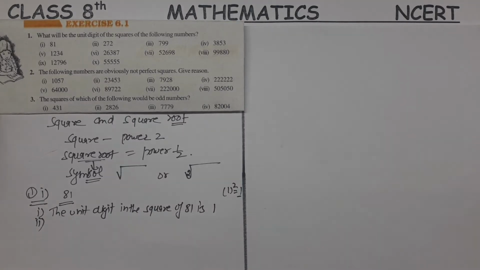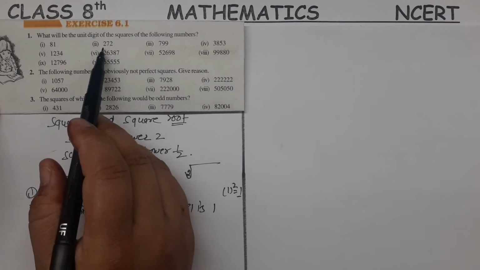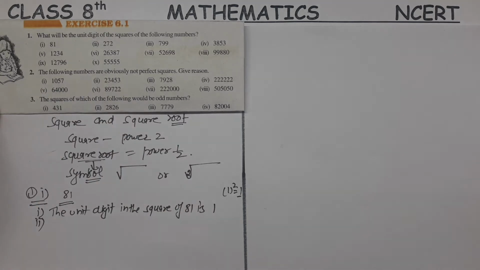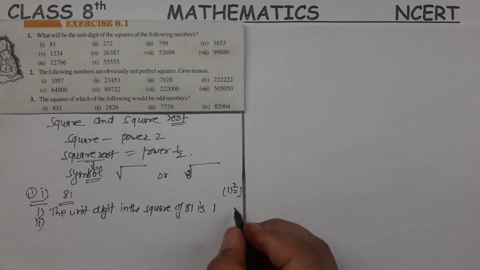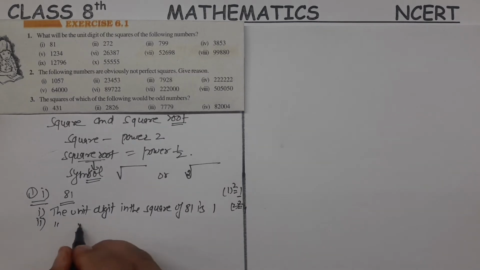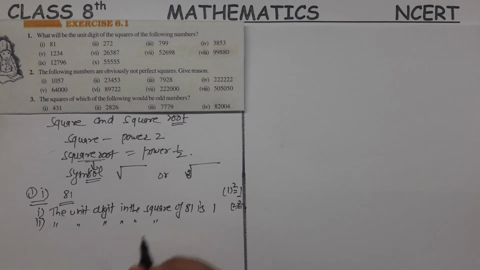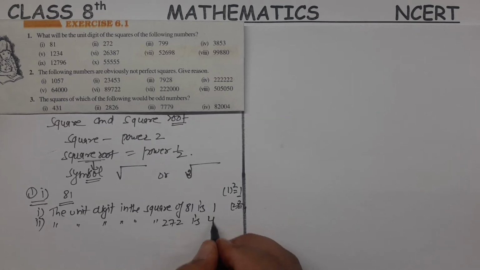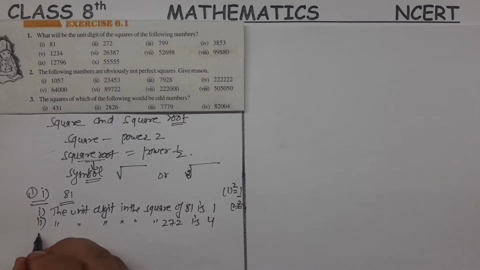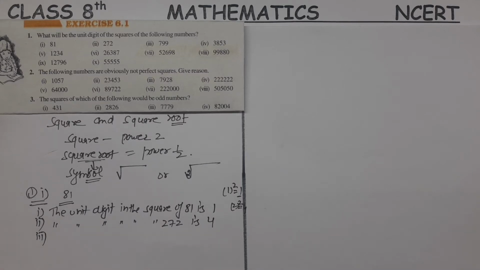Second part, 272. Unit digit 2. Square of 2 is 4. So unit digit in the square of 272 is 4. Third part, 799.